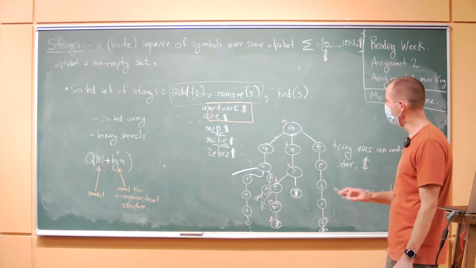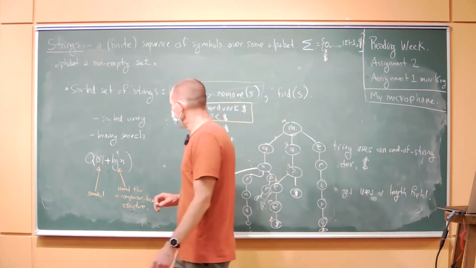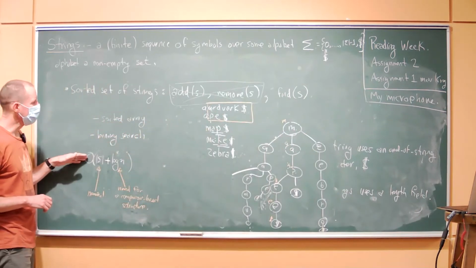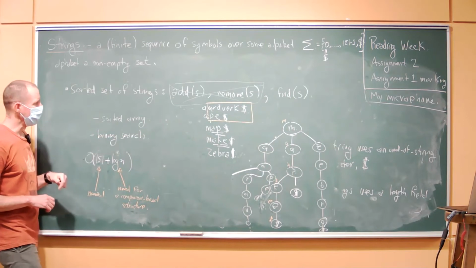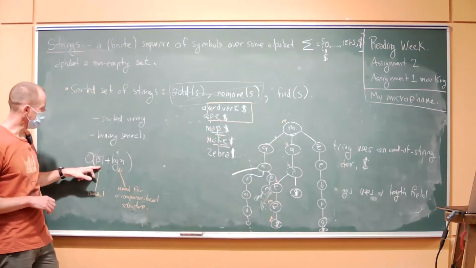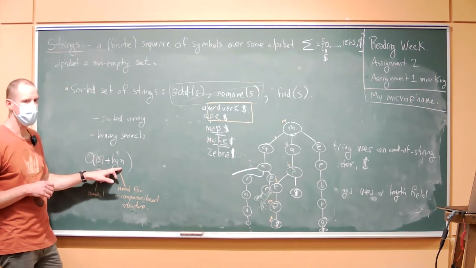But I don't want to talk too much about those. Okay. So you can achieve all of these operations, adding, removing, and searching, in time that's just proportional to the length of the thing you're adding, removing, or searching for, plus log n.